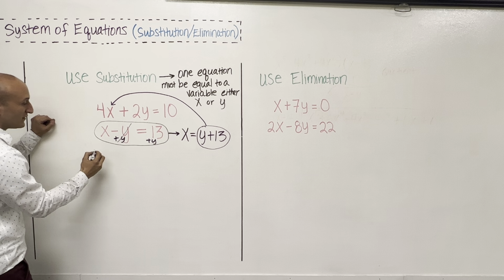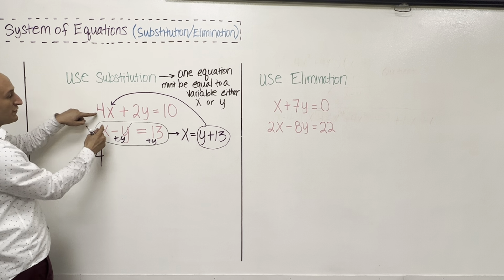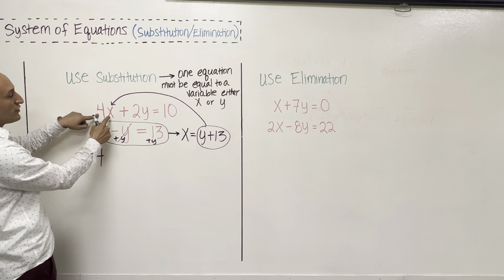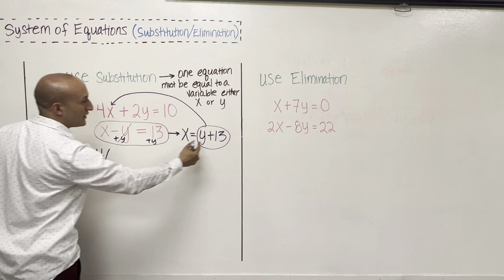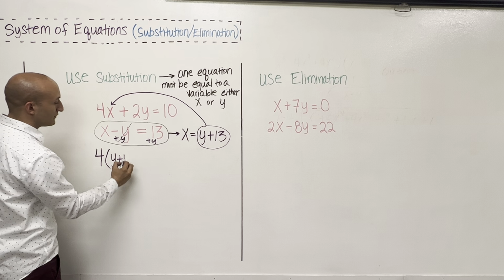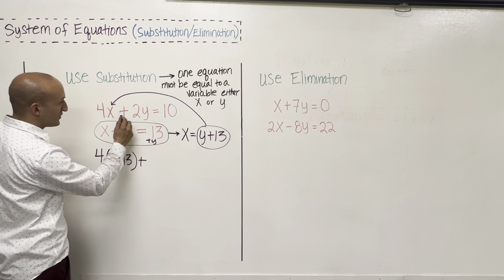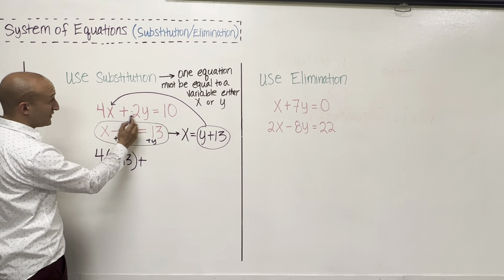So I'm going to rewrite this down here, and it's going to look like 4. Now the 4 and the x are being multiplied. So I'm going to say 4 times all of this. So y plus 13, and then I'm just going to continue writing here, plus 2y equals 10. Okay, so all I did was plug that into x, and we got it written here.